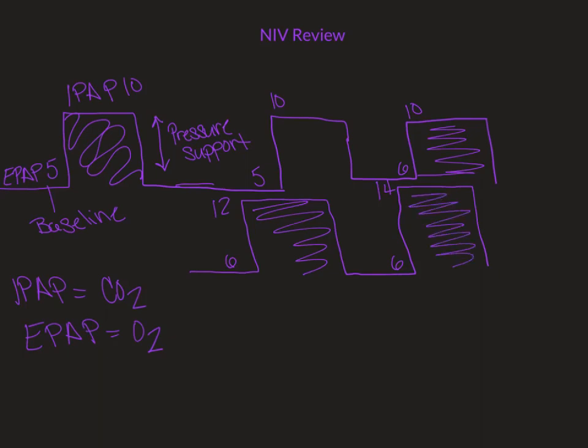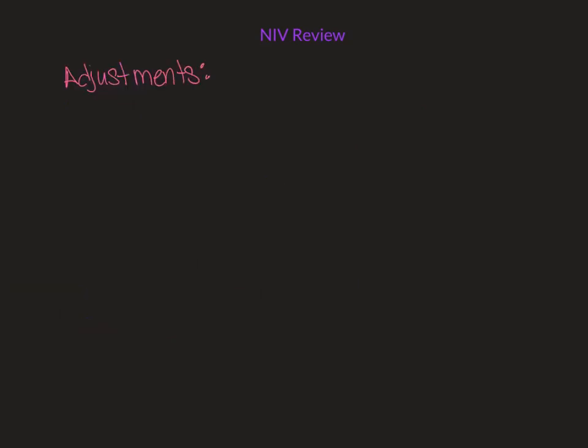So when you're looking at the readout on the screen of their exhaled tidal volume, and it's not quite where you want it, they're not quite at their ideal body weight goal, then you could increase the pressure support. So if you increase the pressure support, see how we've increased it from these two? If you increase pressure support, you're going to increase that tidal volume.